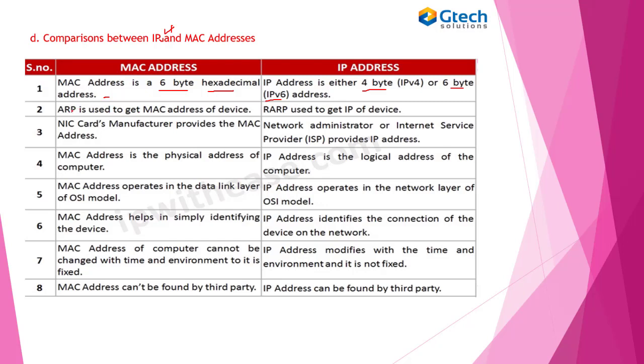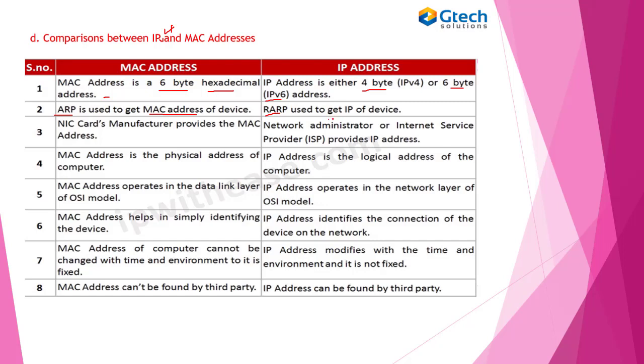We use a protocol called Address Resolution Protocol to get MAC addresses of devices. But for IP addresses we use Reverse Address Resolution Protocol.